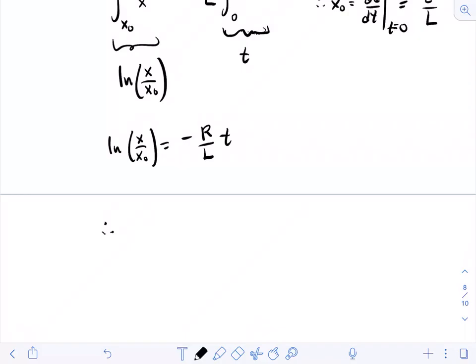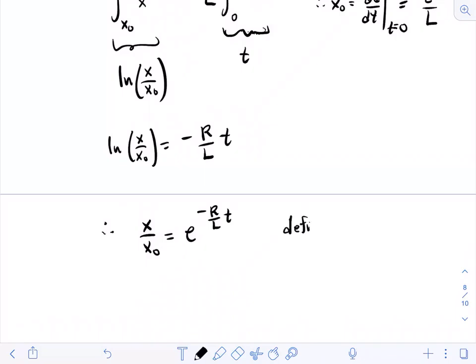So if we exponentiate both sides, we have the exponential of R over L times t is equal to x over x0.